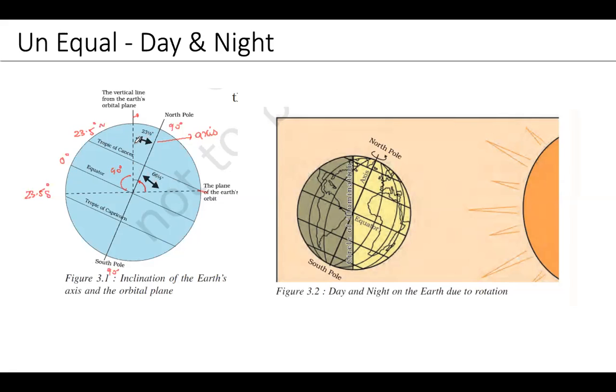Now I will explain how day and night happen. So this is earth, this is sun, and the sun rays, the solar energy, come to the earth. This part of the earth is given in a tilted direction. First I will make a small rough earth diagram. Earth, and this will be sun.